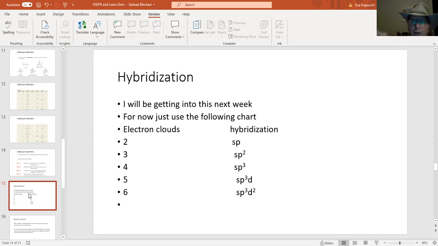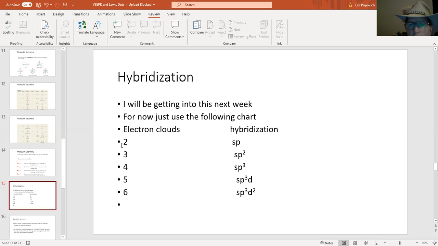If I have 3 things around it, that is an sp2. That means that it is in a trigonal planar shape. So this was a new theory to try and help explain something else.